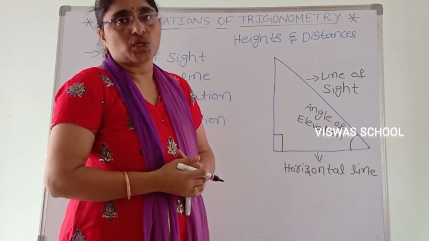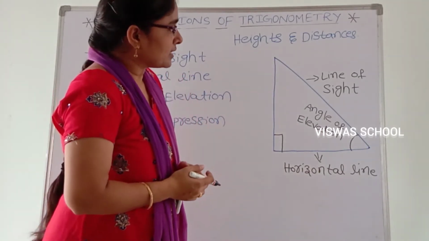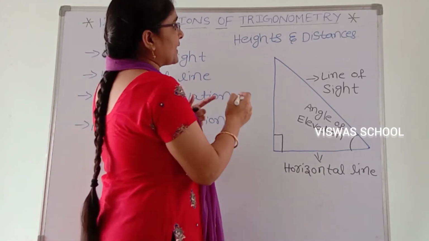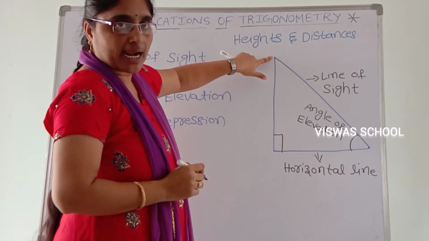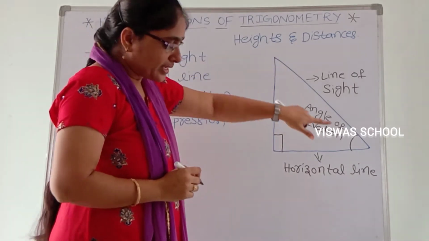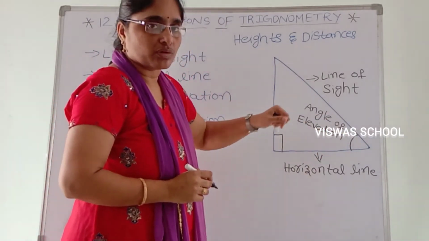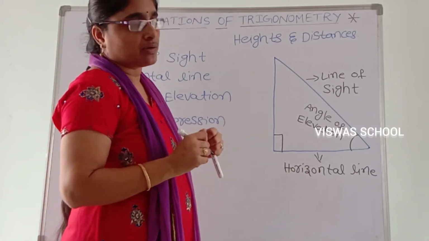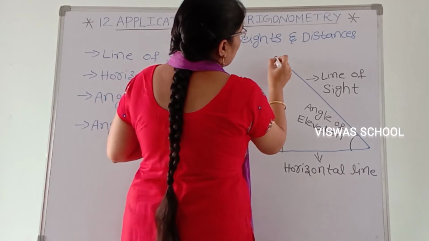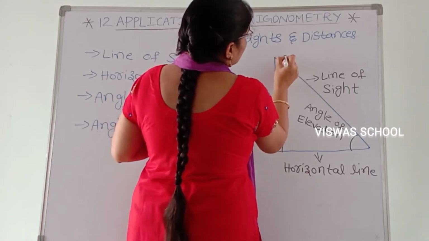And what is the angle of depression? A person is standing at the top of the object and looking down. Then one angle is formed.